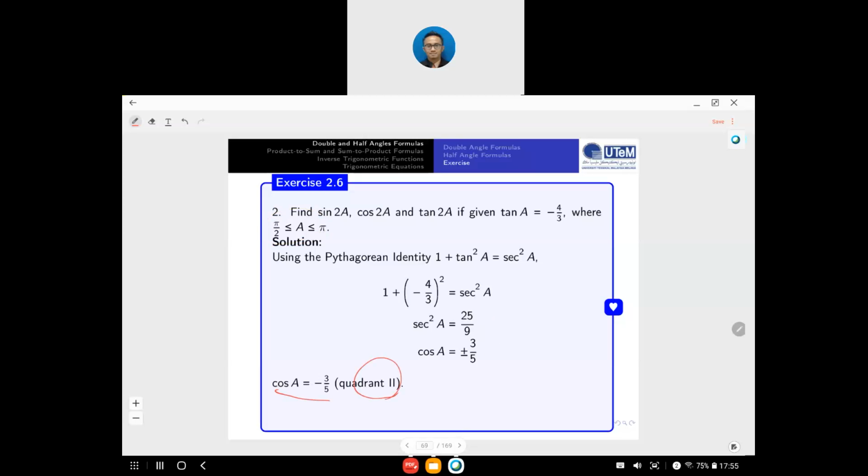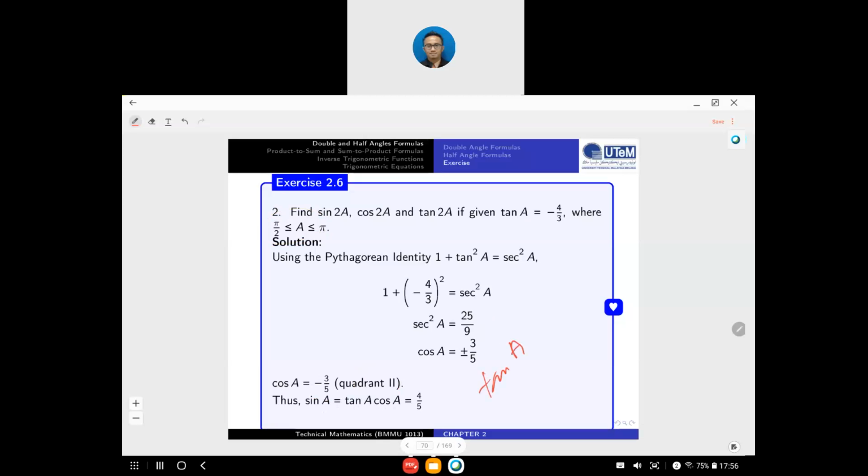So also same thing. When you have cos, you have tangent, so then you can get sine. Okay, so we know that sine equal to tangent A times cos A. Sebab ni datang daripada formula tangent A equal to sine over cos A. So sin A equal to tangent times cos A equal to 4 over 5.